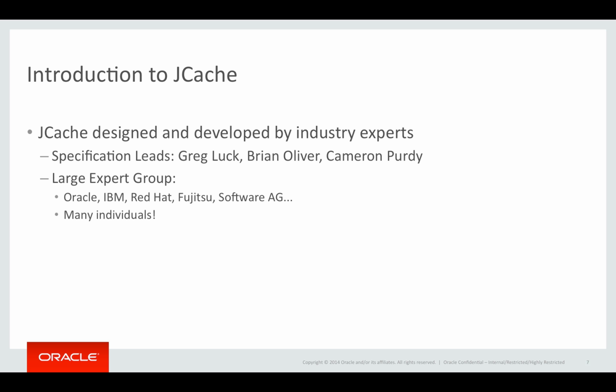This work has been going on for some time, almost 10 years. Furthermore, numerous individuals, not affiliated with the aforementioned companies, provided valuable contributions to the effort. Ultimately, a lot of industry experts are involved in the design and development of this specification.